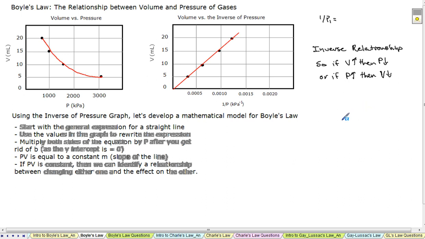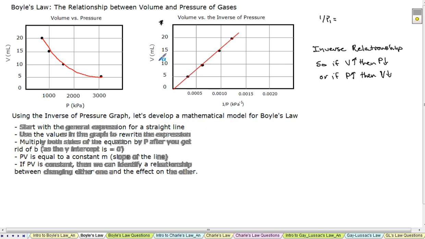Now, we're not satisfied with leaving it like this. We would like to be able to make some predictions. We're going to use this graph to help us develop our model. Because we have a nice straight line, we have a set slope.